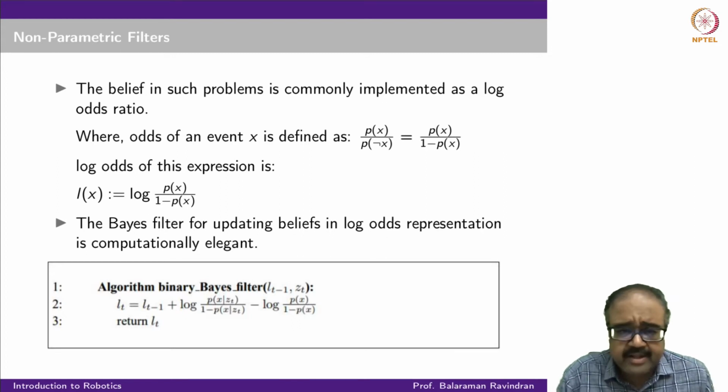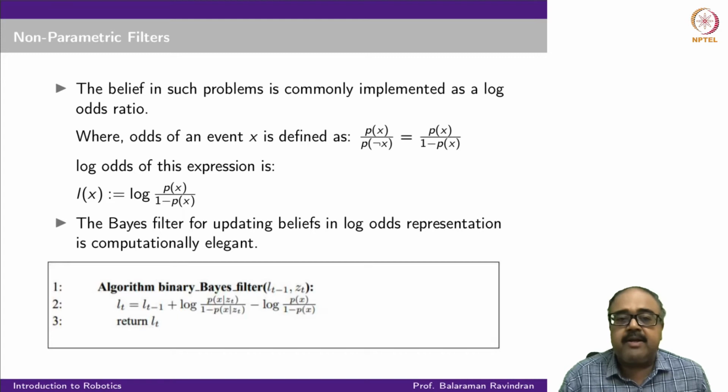I'm just going to read the expression again. My belief at time t, represented as a log odds, L t, is equal to the belief at time t minus 1, which is L t minus 1, plus log of the probability that x is true given z t, where z t is the observation at time t, divided by 1 minus the probability x is true given z t, which is the probability that x is not true given z t.